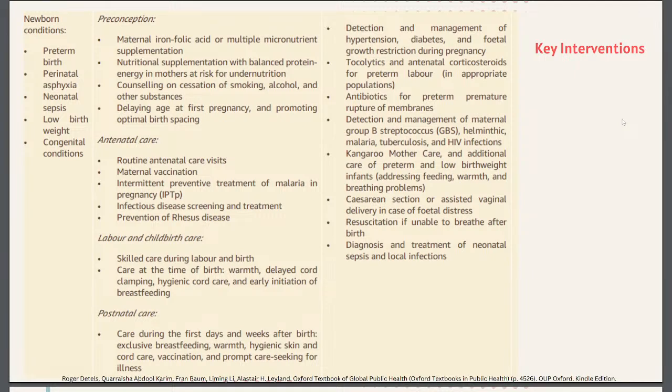I am just giving you an overview, because it is as simple as writing routine antenatal care visits: make all women undertake antenatal care visits.